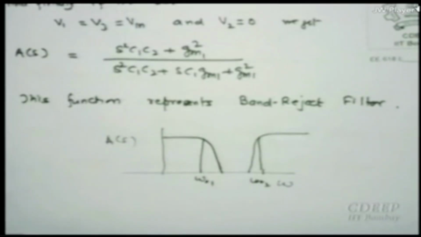Omega naught 1 and omega naught 2 will not be simply that GM. The problem is that one loads the other, which in this case we have taken care of. If they are only independent, then we don't feel the loading of the other.